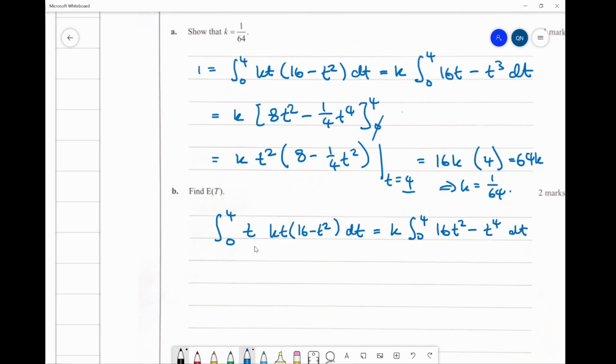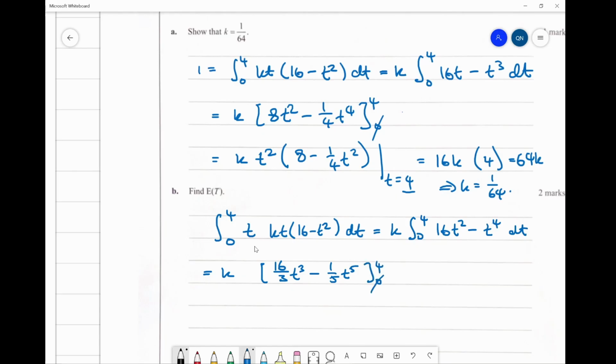And let's just integrate once again. So this is equal to k, and we'll plug k equals 1 on 64 in at the very end, just so we don't have to write 1 on 64 every single time. So this is, let's see, we have 8t, no, not 8t, because this is a squared now. So this is actually 16 on 3 t cubed, and then we have minus 1/5 t to the 5, evaluate from 0 to 4.